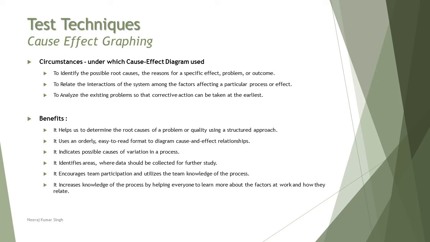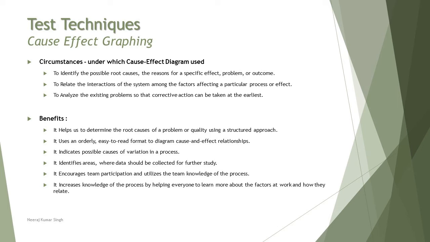Benefits, of course. Now that you have understood the technique, it will be very easy to understand the possible benefits when you use a cause-effect graph or diagram. It helps us to understand the root causes of a problem or quality issue using a structured approach. It uses an orderly, easy to read format to diagram cause-effect relationships.